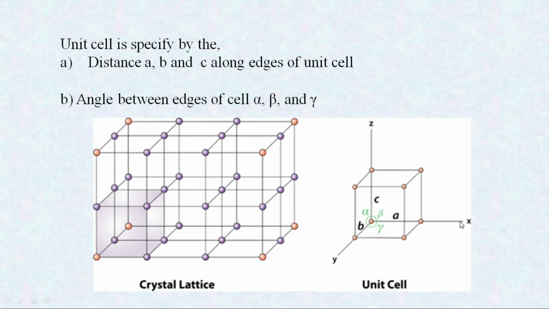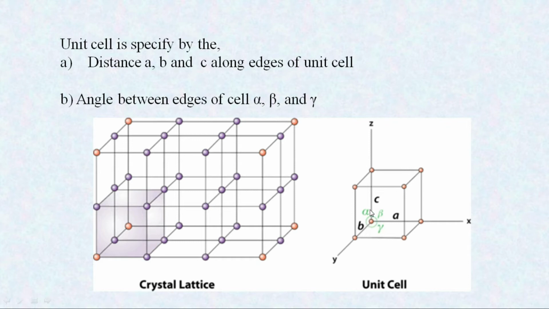Then if we observe here, opposite of the x axis, that is the angle between y and z axis, this angle is called alpha angle. So the angle between zx plane and xy plane is called alpha angle.